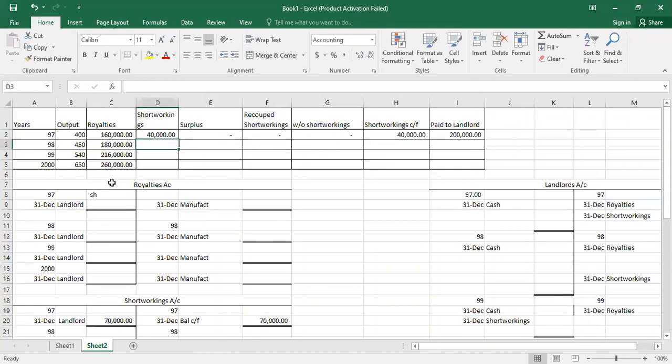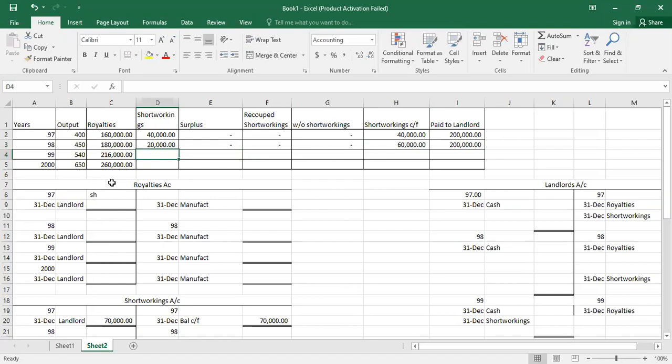We go on. Our minimum rent is still 200,000, so we have a short working of 20,000. Not yet, it's floating. So this one will give us 60.